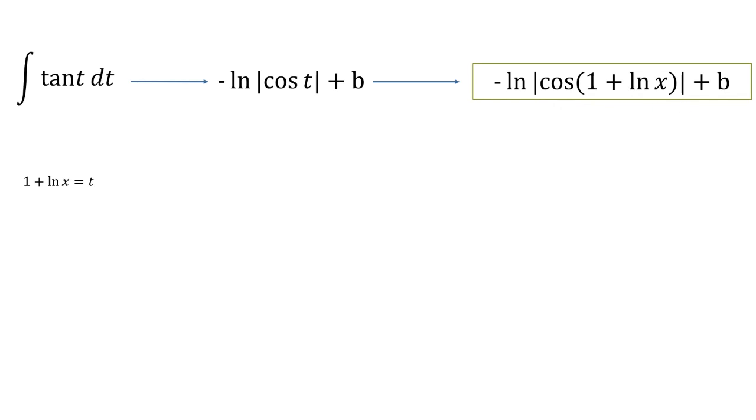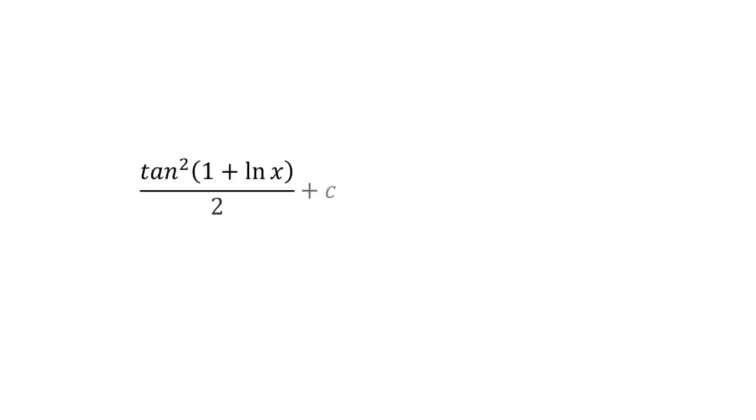Now we need to combine the terms. The first term was this one, the second term was this one. And do not forget that there was a minus sign in between, so the second term goes inside the bracket because it was minus integration of tan t.